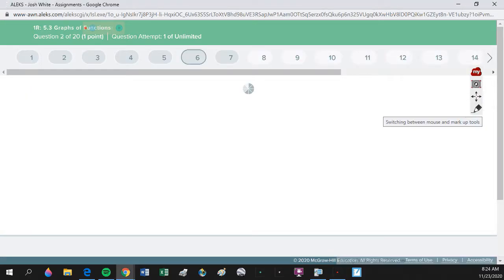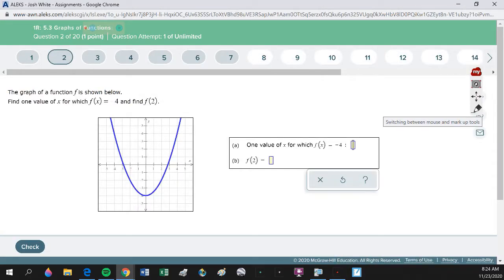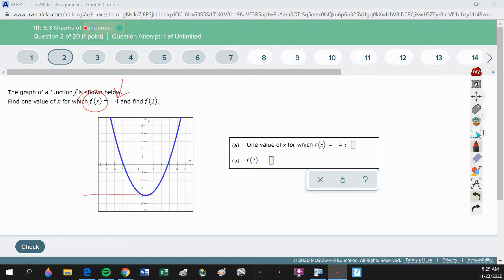Okay, look at this problem. This asks two questions. The first one is the opposite. It says, when the y value is -4, what is the x value? So y, -4 is right here. What does x equal right there?